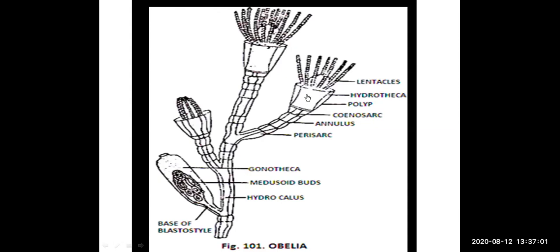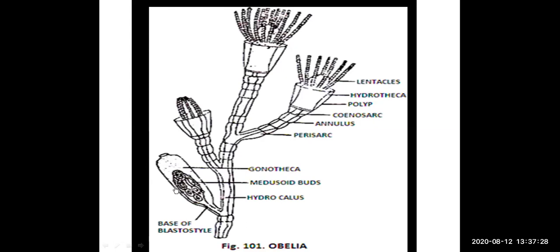It is the coenosarc. It's annulus. Annulus is for polyp movement. So it is a gonophore. So it is the gonotheca. The gonotheca has the gonophore, and the body develops the medusa.